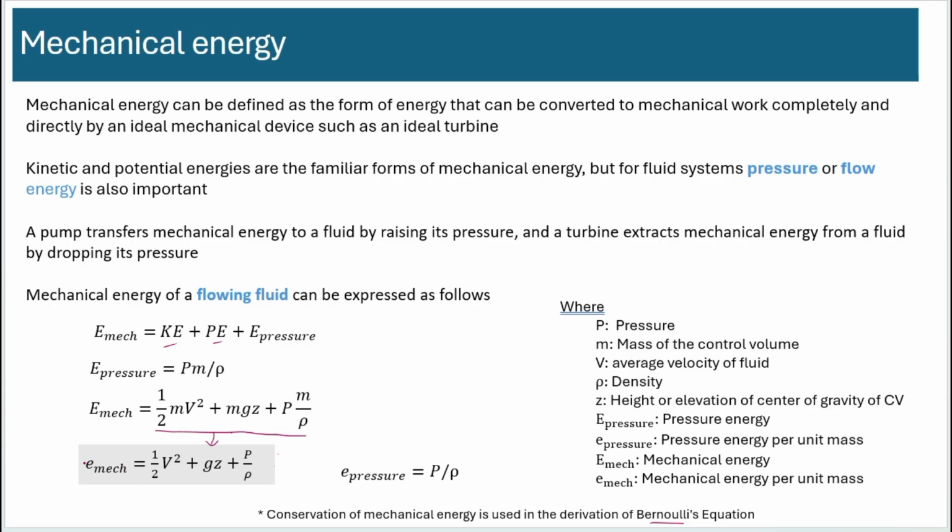And if the total mechanical energy is conserved, if there is no changes in mechanical energy, in Bernoulli's equation, this is conserved because there is no friction and there is no heat transfer. Okay, so when there is no friction and no heat transfer, this equation becomes Bernoulli's equation. All right.